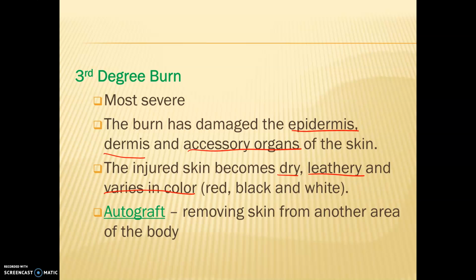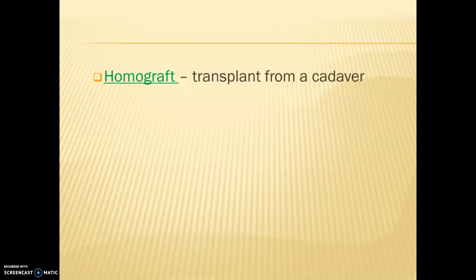Some ways to treat this: an autograft is removing skin from another area of the body and replacing it onto our burned area to help heal this process. A homograft is a transplant of skin from a cadaver, which is a person who has died and donated their body to science.